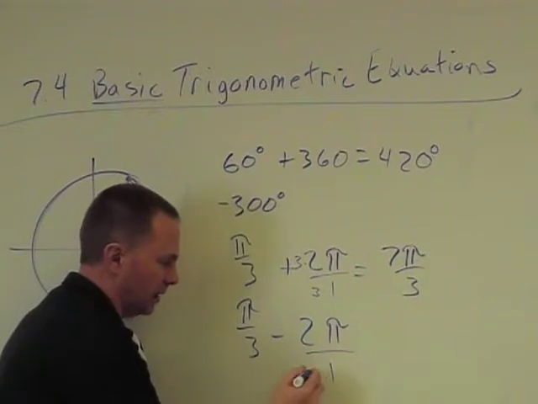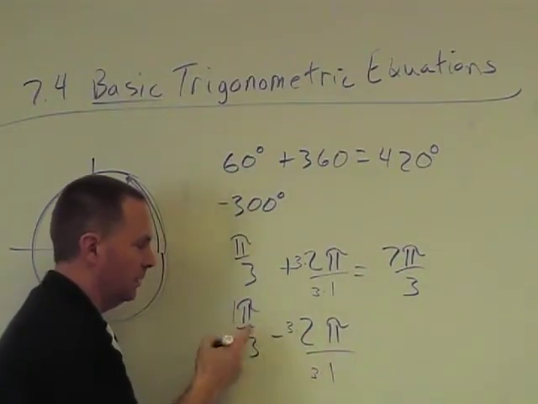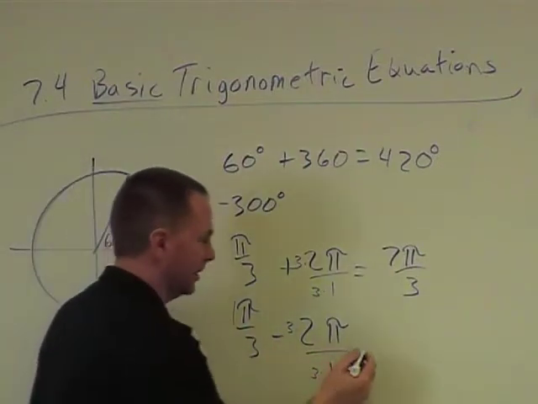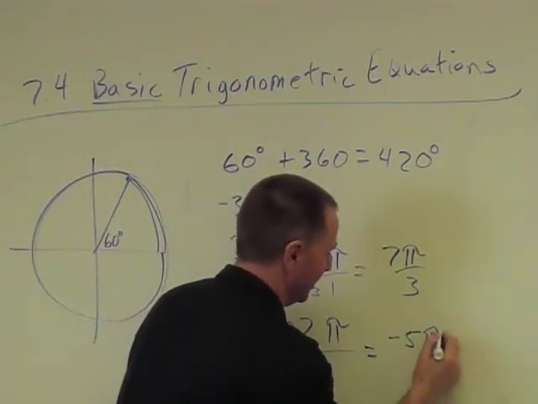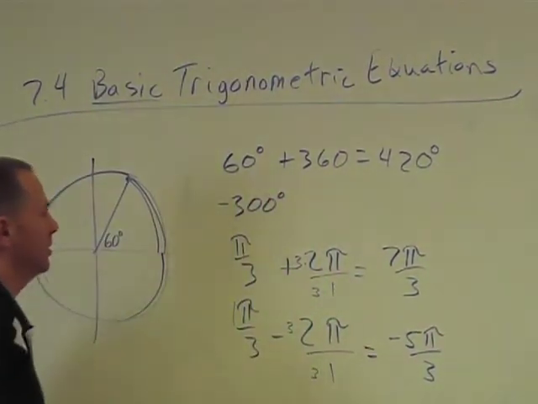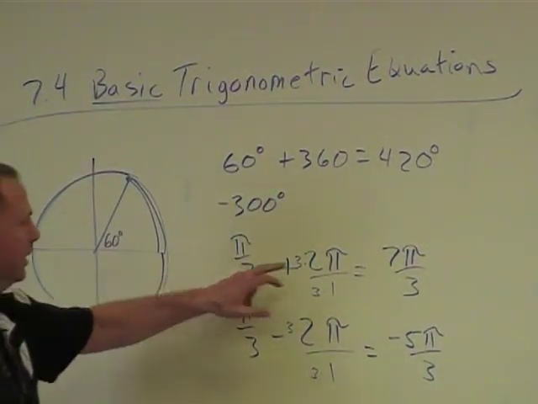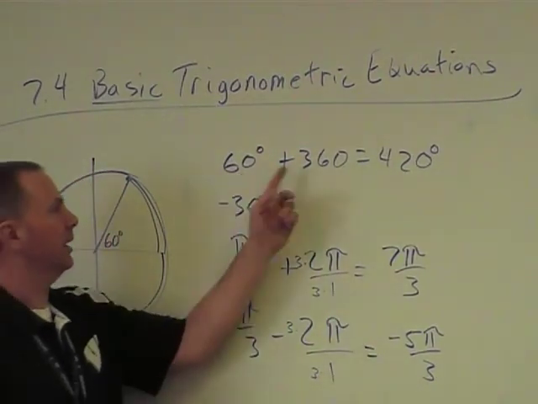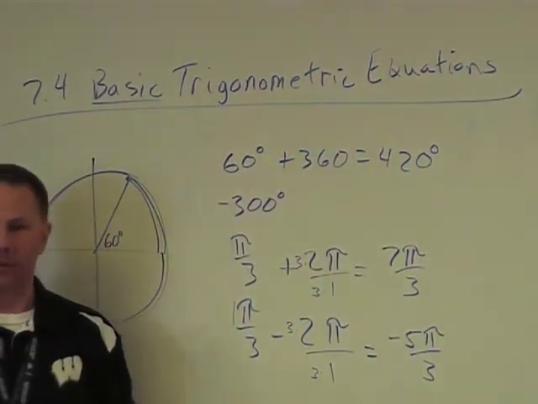And again, common denominator. What's 1 minus 6? Okay. Negative 5 pi over 3. Alright, so here are 3 answers in terms of pi. Here are 3 answers in terms of degrees.